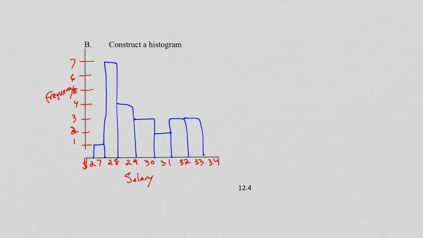And 34 was 2. Okay, so there's our bar graph, which is called a histogram.